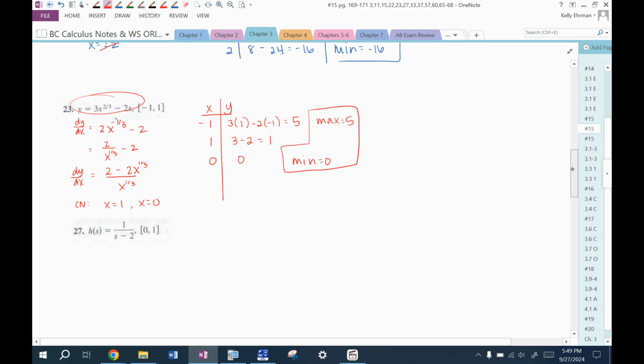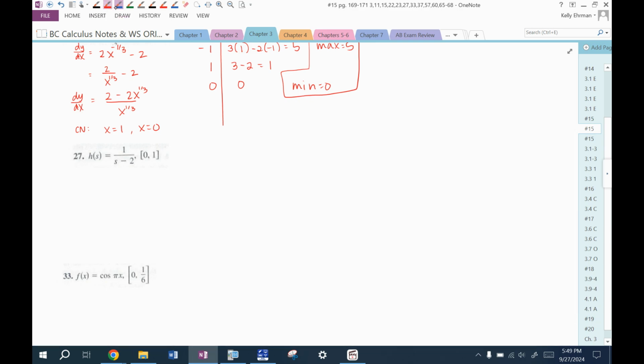Okay, for 27, same directions. Let's rewrite h of s so that it's s minus 2 to the negative 1. We're on the interval 0 to 1. H prime of s, so now I'm just thinking of this as power rule rather than quotient rule. So that's negative quantity s minus 2 to the negative 2.